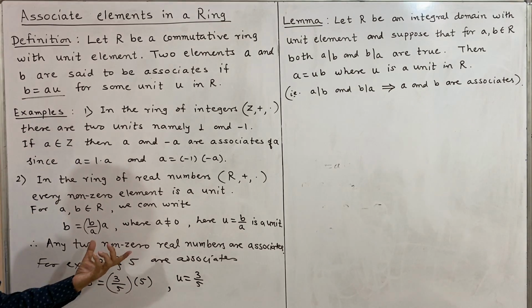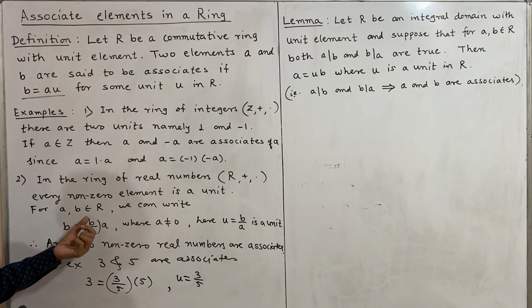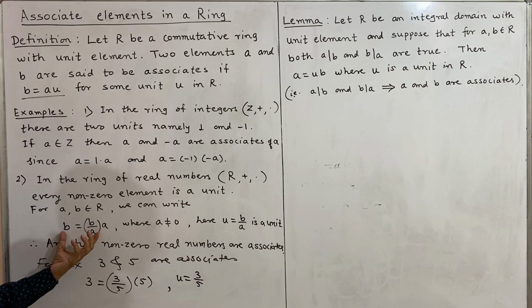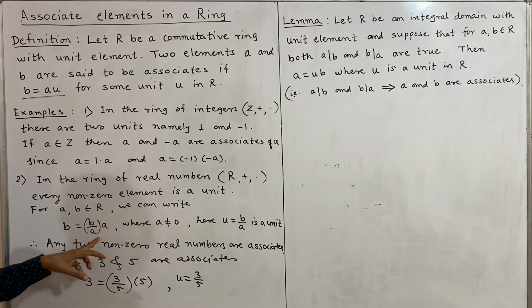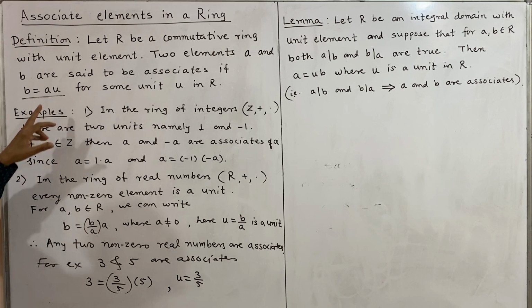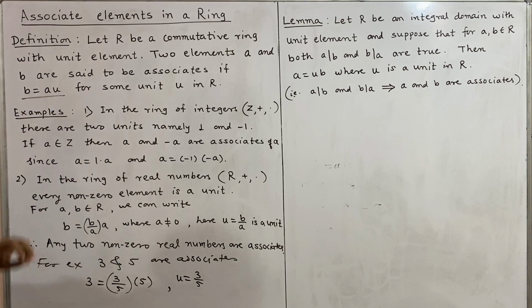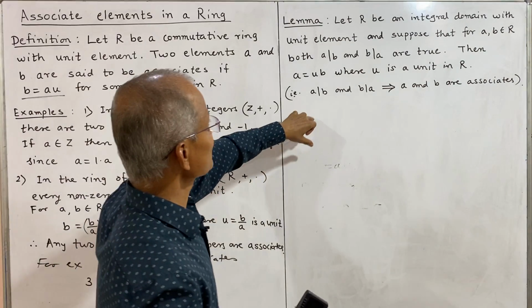Any two non-zero real numbers can be written in this form, where B is written as B upon A into A, and therefore A, B are associates. The condition is that A is not equal to 0. So this is the meaning of associate elements: two elements are associates if one is expressed as a unit into the other element. Now we shall see this result as a lemma.